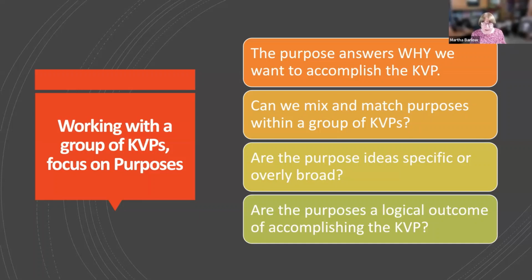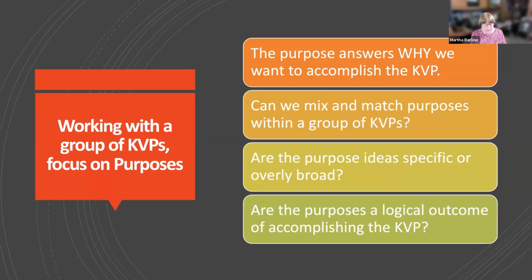Notice I haven't talked about the condition phrase yet, because in Wisconsin, at least, we advise, and we know the kids don't always do this and the coaches don't always teach it, but we really advise that kids should be thinking about their action goal, their key verb phrase, first, and come up with that first, and then put on the purpose, and then go back to the condition phrase. So that's why I'm talking about purposes second.